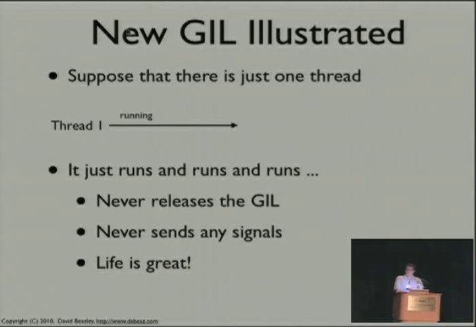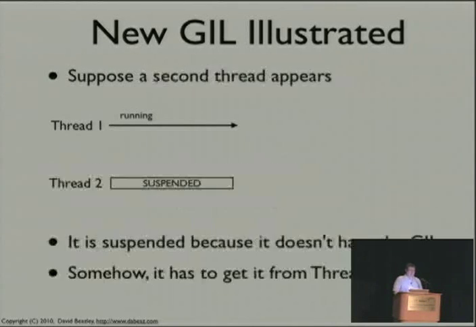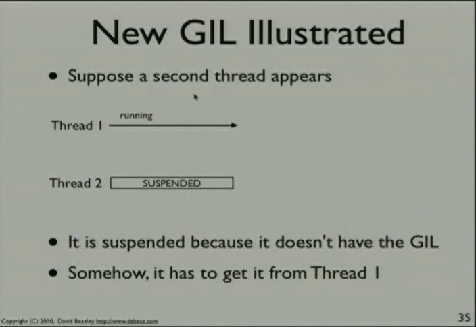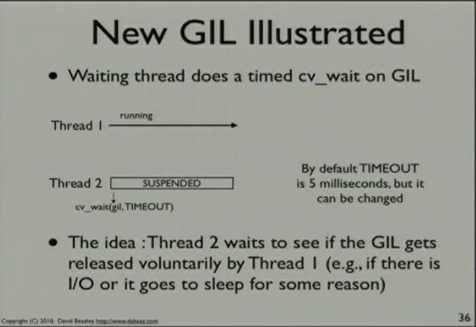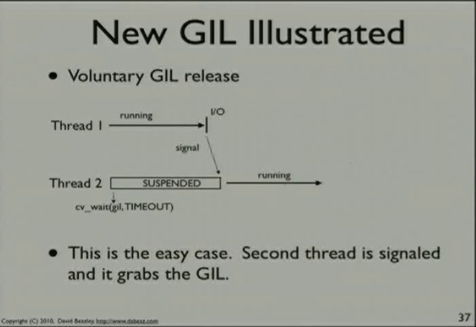That's fine. But if a second thread shows up and wants to run, you get a situation like this. One thread is running, another thread is suspended because it doesn't have the GIL. The way it gets the GIL is by doing a timed wait, which is a totally different approach to the problem. Thread 2 will wait for a certain timeout, saying, I want the GIL within 5 milliseconds. Thread 2 is either going to wait for thread 1 to do I/O, which is the good case.